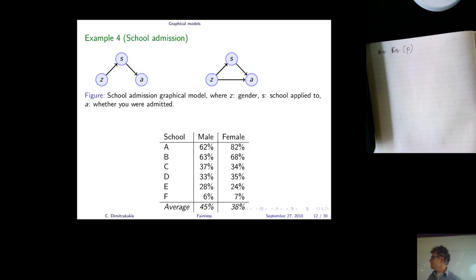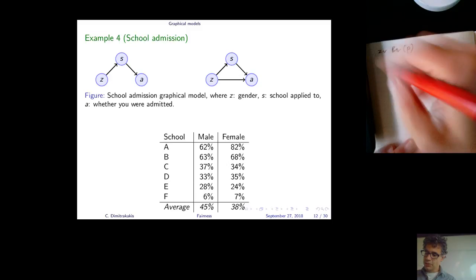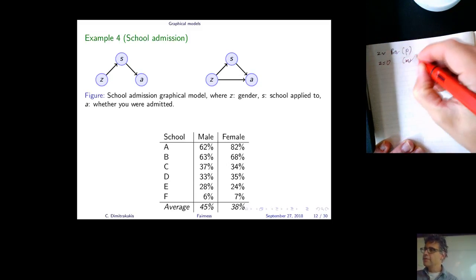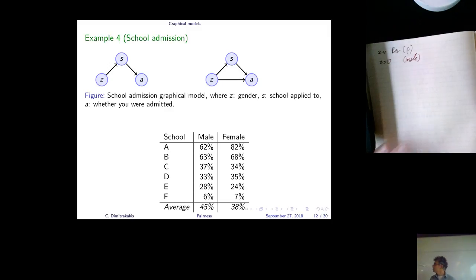So we expect S to have a different distribution for each one of these. Now, let's say Z equals 0 and 0 equals male. So let's say Z equals 0, male candidate.